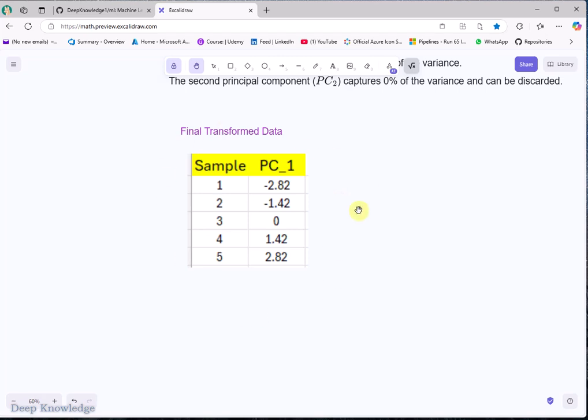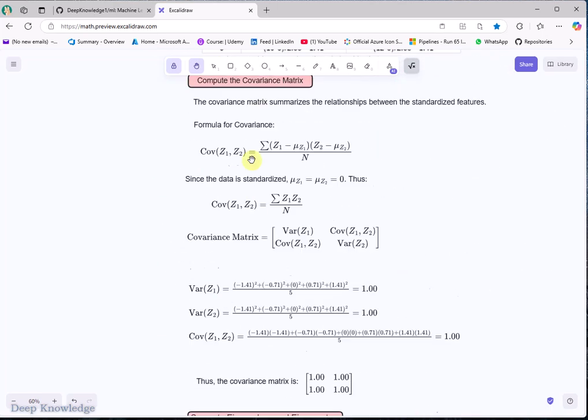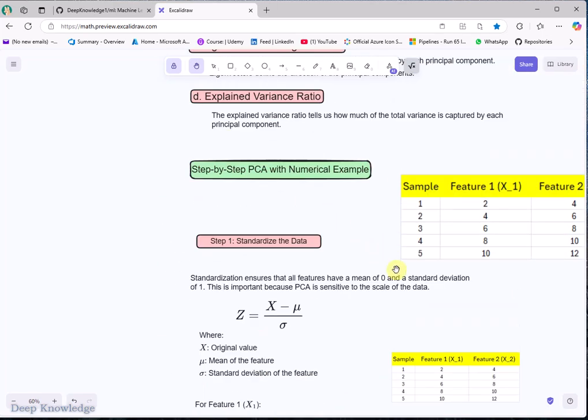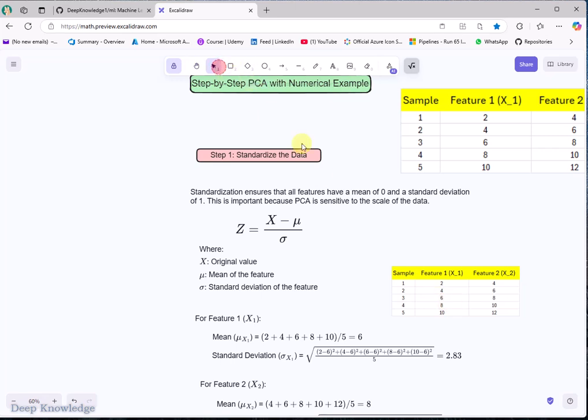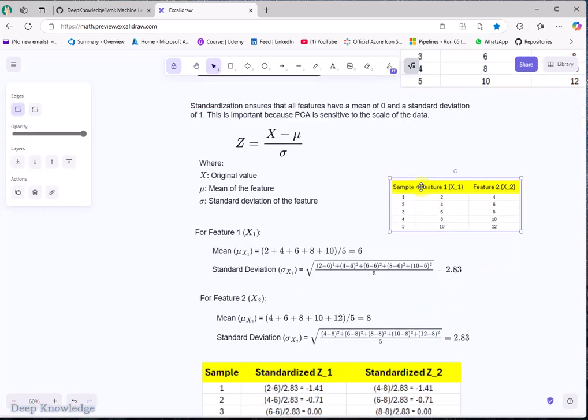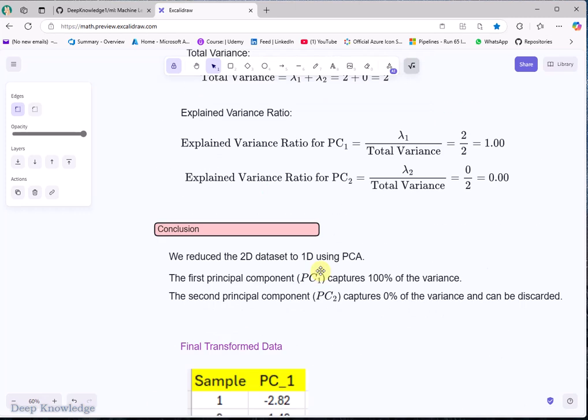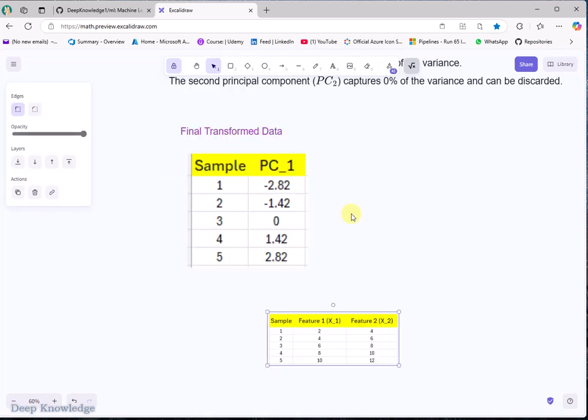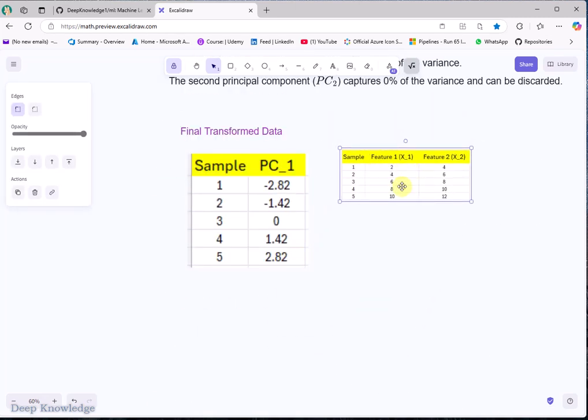Now this is our data set that will be used for the training. You can see this is sample 1. In the beginning, this was our data set. Now the new data set will be this one here, and this will be used for training. We will feed this into the machine learning algorithm.